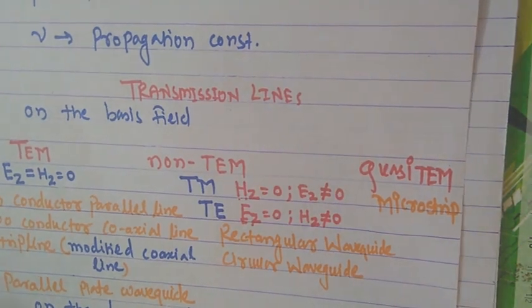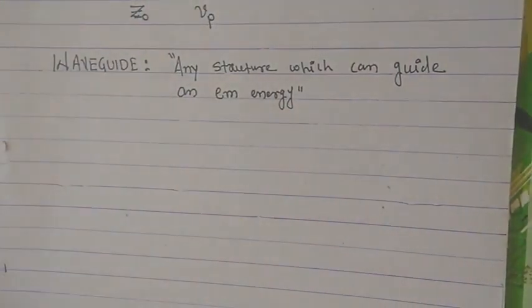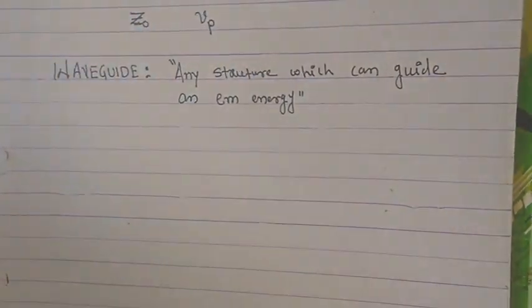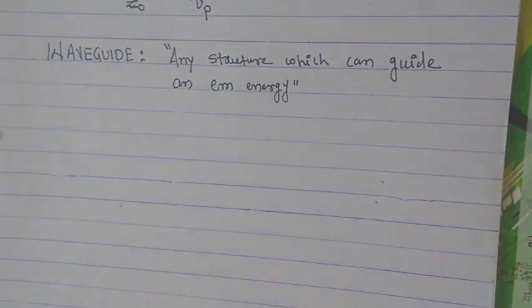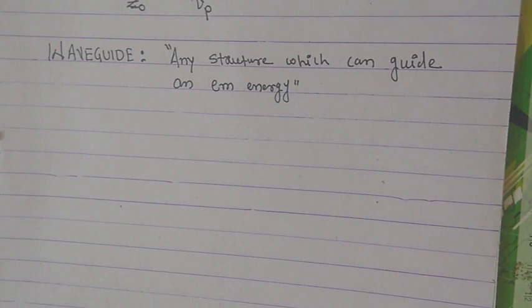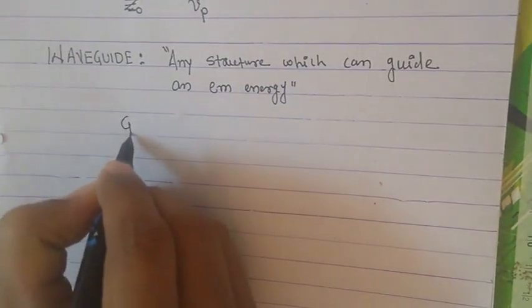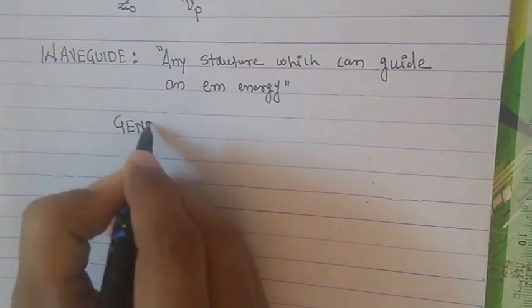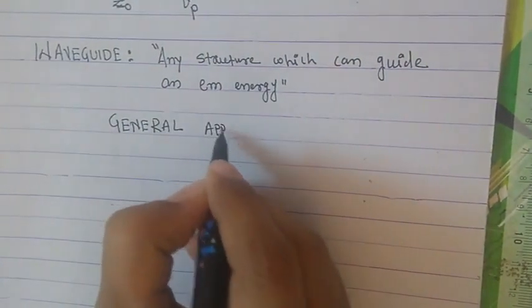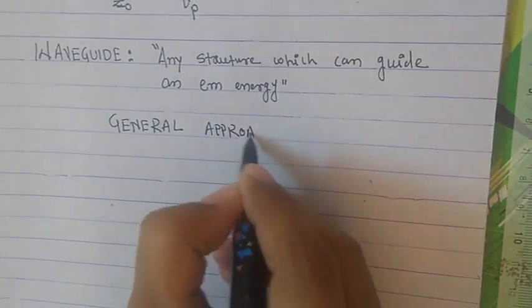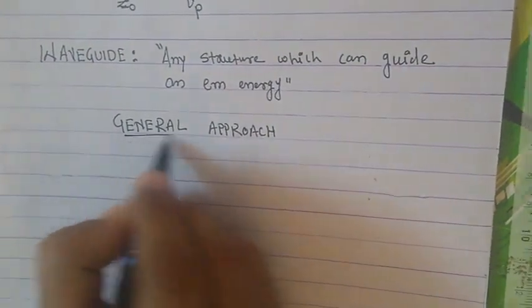Okay, with this basic information about waveguides, now you know that you have a rectangular waveguide, which you generally use in a microwave lab, or you may have a circular waveguide. Rather than directly starting with a specific shape of a waveguide, in today's class we'll develop a generalized approach irrespective of the shape of the waveguide.